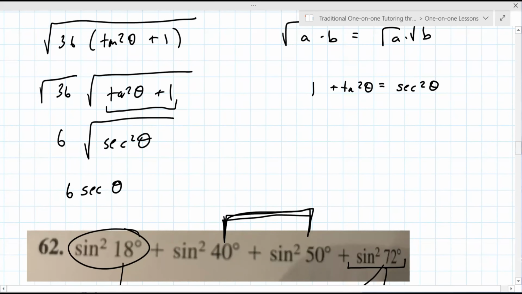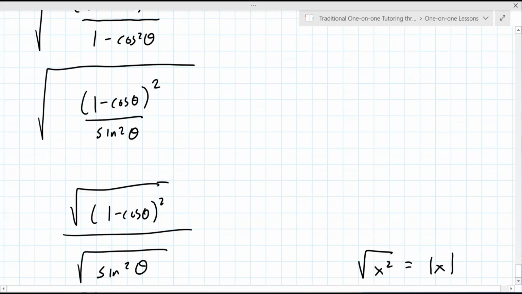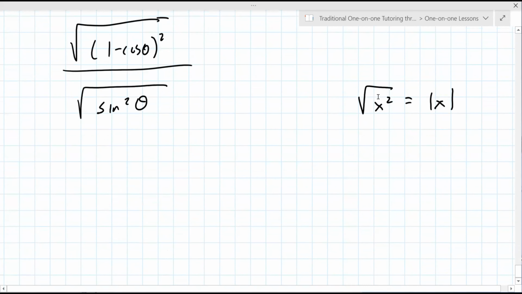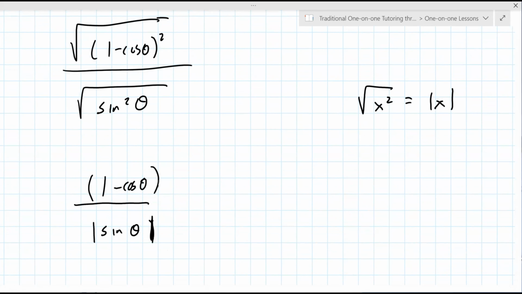But if you want to be that gold star triple A+ student, you'll remember this every time. But it does matter in this problem because the bottom is absolute value sine theta. And the numerator is just 1 minus cosine theta.